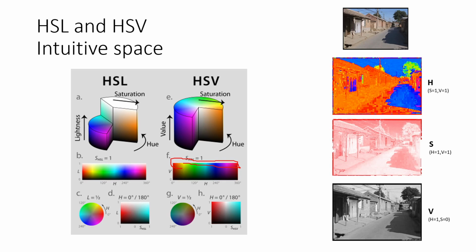But is it true? Well, say this is just an assumption. HSL has a different assumption. It assumes the most saturated color occurs in the middle range of the lightness. It means for very bright colors, you cannot distinguish saturation and hue because all of them become white, very bright.